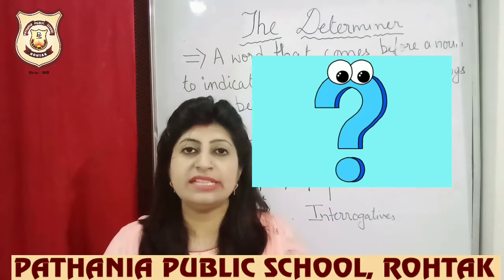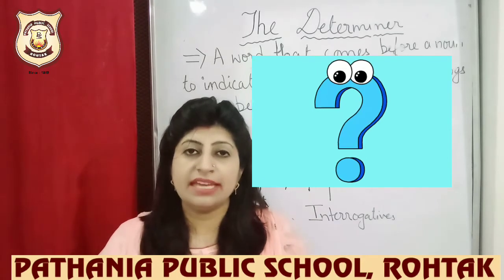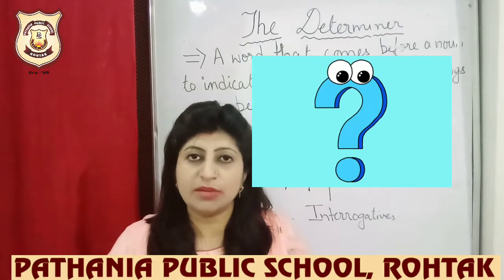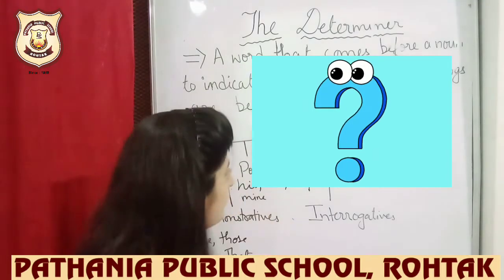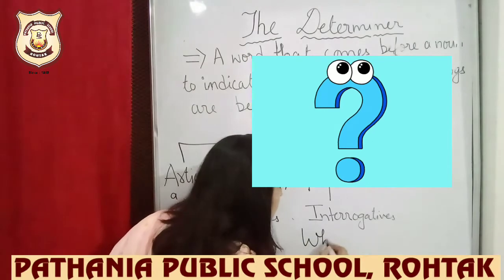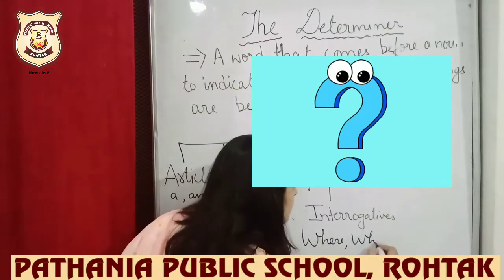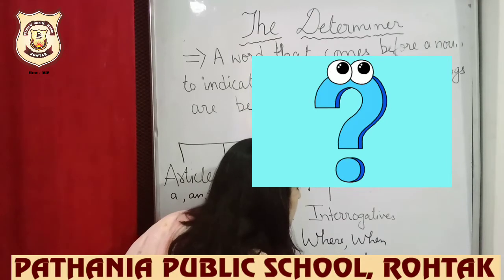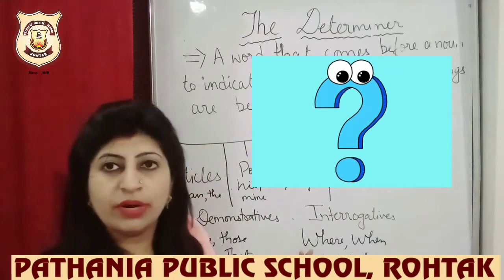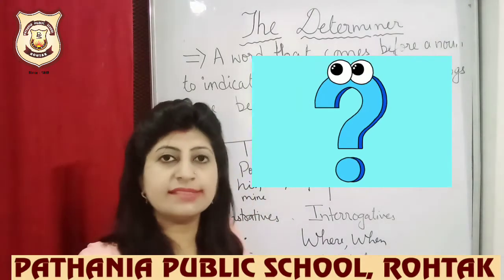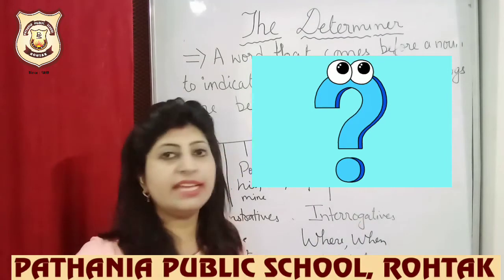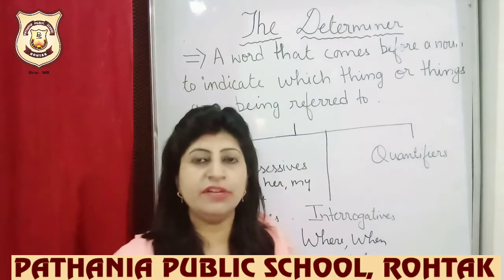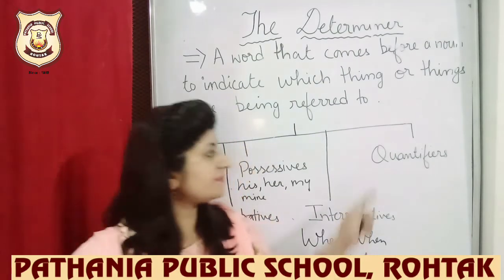When I use these words with a noun, they are placed in front of the noun and used as determiners. For example, where, when, what, who: all these words which we use to ask questions come under the heading of interrogatives and under the main heading of determiners.